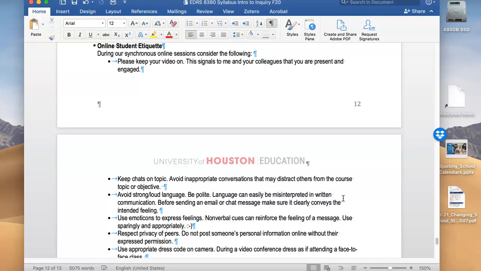We are not going to solve the world's problems in the class, but we are going to talk about them respectfully. I don't want to shy away from difficult conversations, but I want us to engage with them professionally, respectfully, and from a position of genuine interest, genuine openness, and honesty.